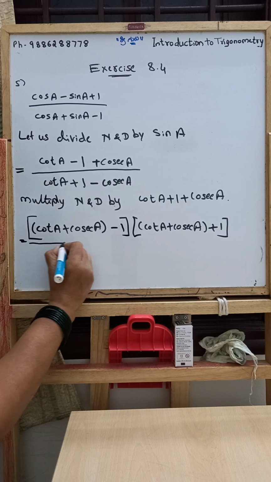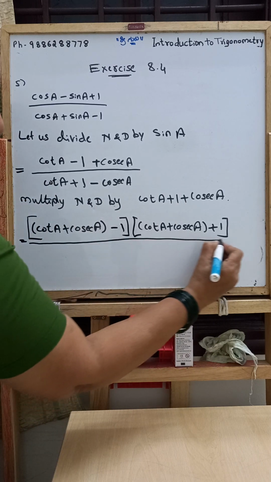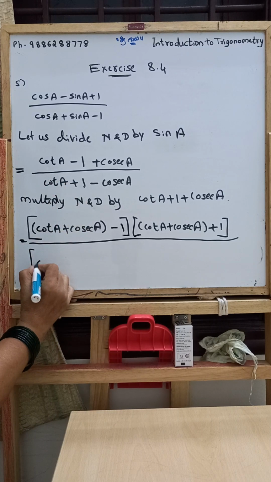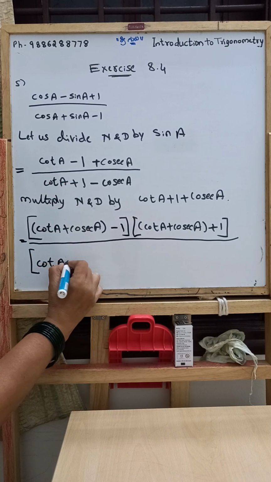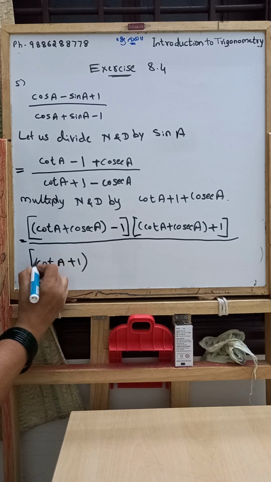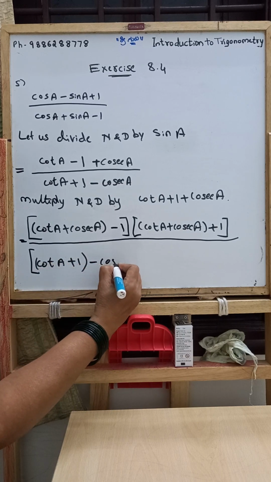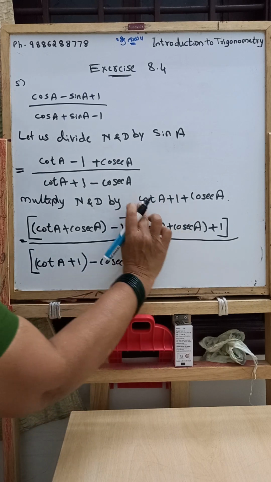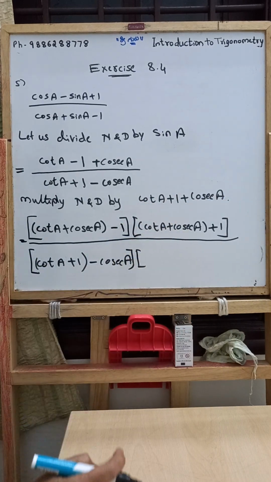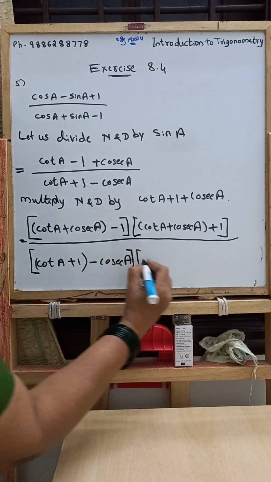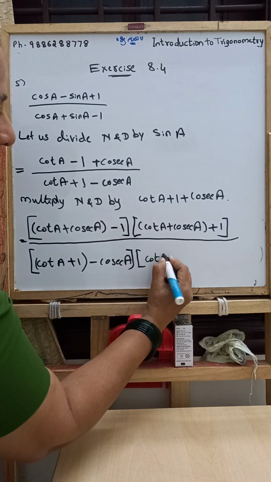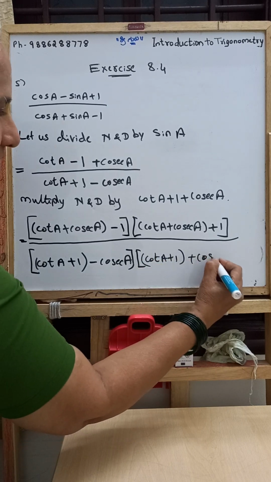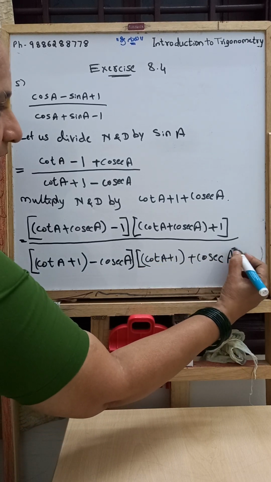Now, what about the denominator? We combine cot A plus 1, minus cosec A. And this one again by using the associative law for addition, we combine cot A plus 1 in one bracket and cosec A in another bracket.